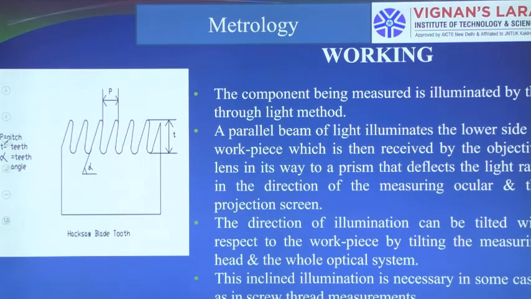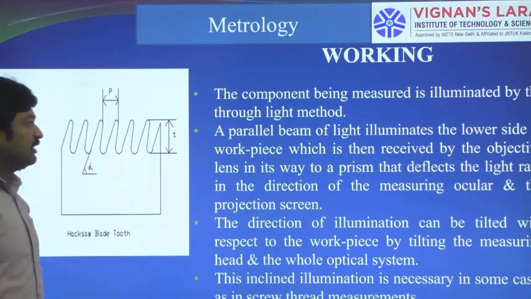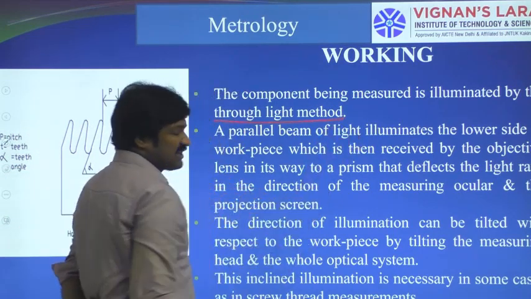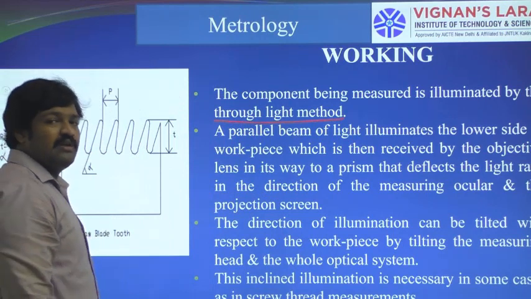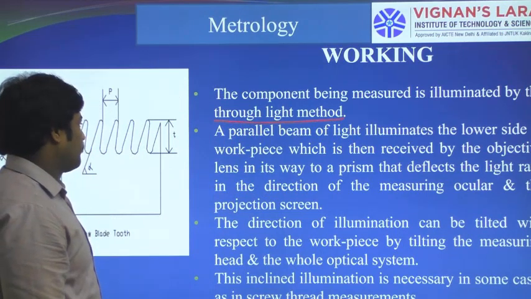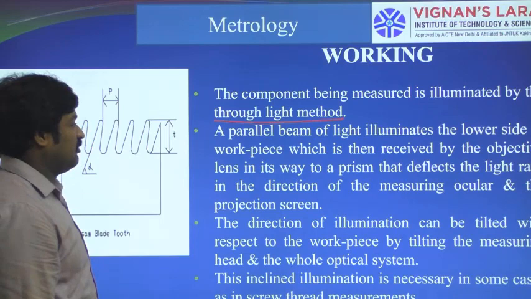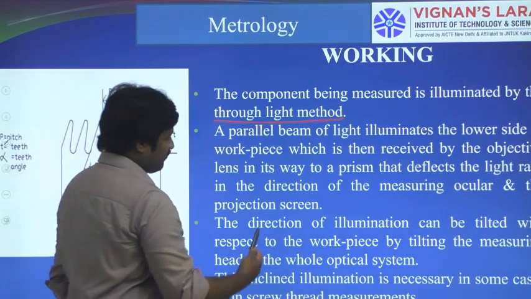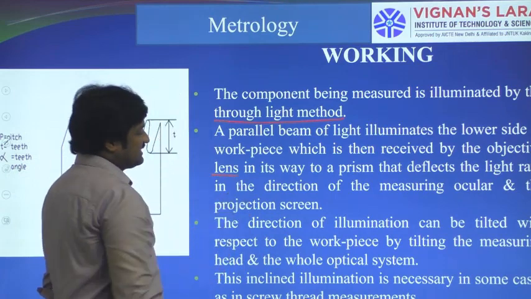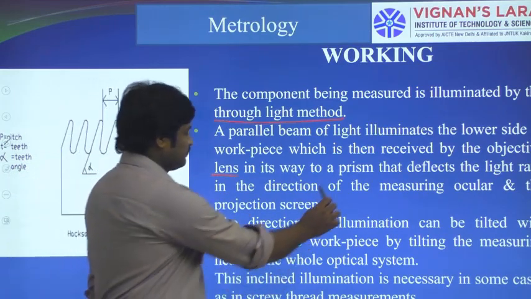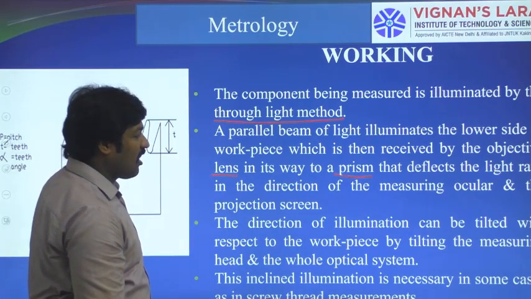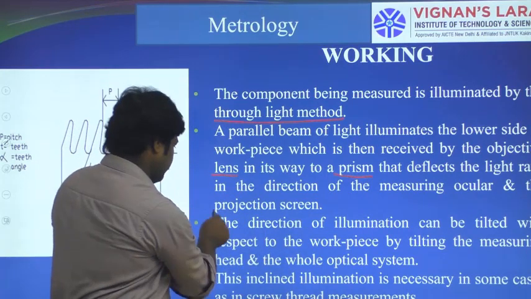Next, working. The component being measured is illuminated through the light method. By means of the light method, we are imaging the component. A parallel beam of light illuminates the lower side of the workpiece, which is then received by the objective lens on its way to a prism that deflects the light rays in the direction of the measuring ocular and the projection screen.